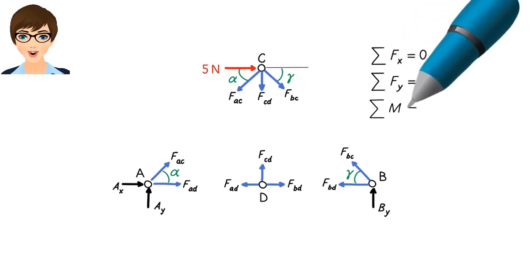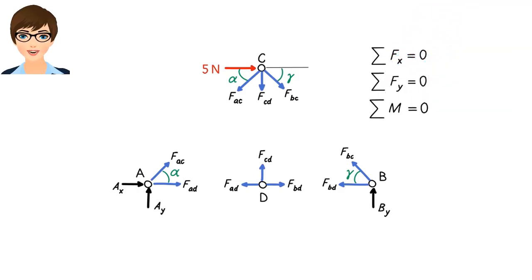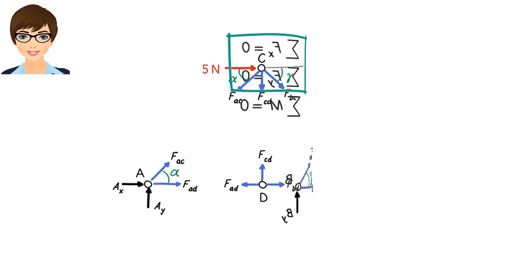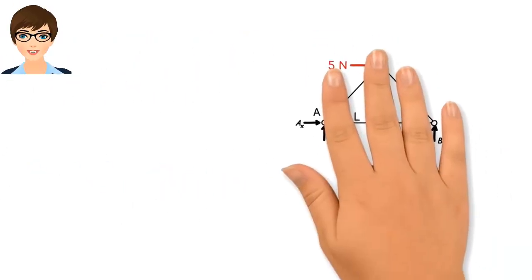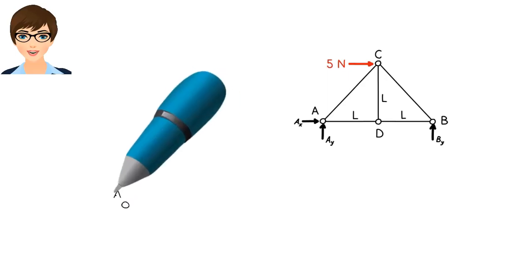And sum of the moments about the joint must be 0. Note that the moment equation is automatically satisfied since all the forces pass through the joint. Therefore, we only need to examine the first two equations. Let's see how this works for joint A.